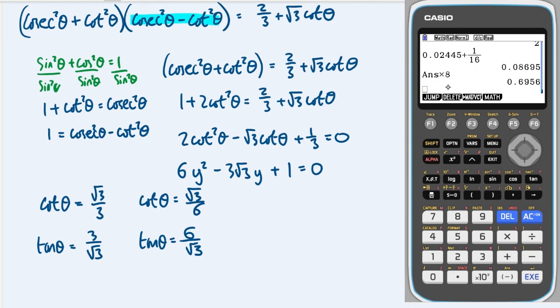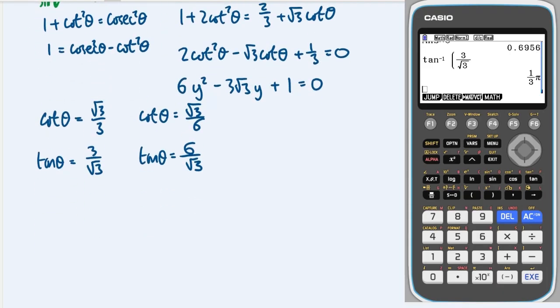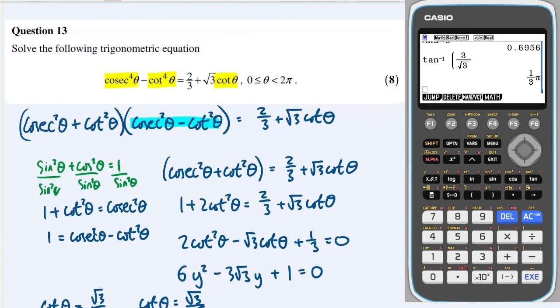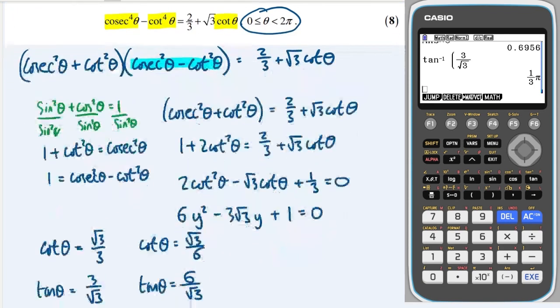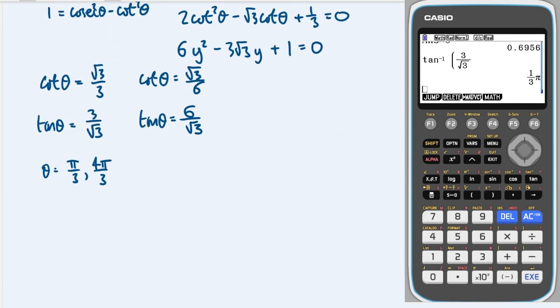So I'm going to go to shift tan of 3 over root 3. Fantastic. This gives me pi over 3. And to find the second solution for tan, I would just add on pi. So this gives me 4 pi over 3. Just check the range is between 0 and 2 pi. Fantastic. So that's all that I'm going to get out of that one.